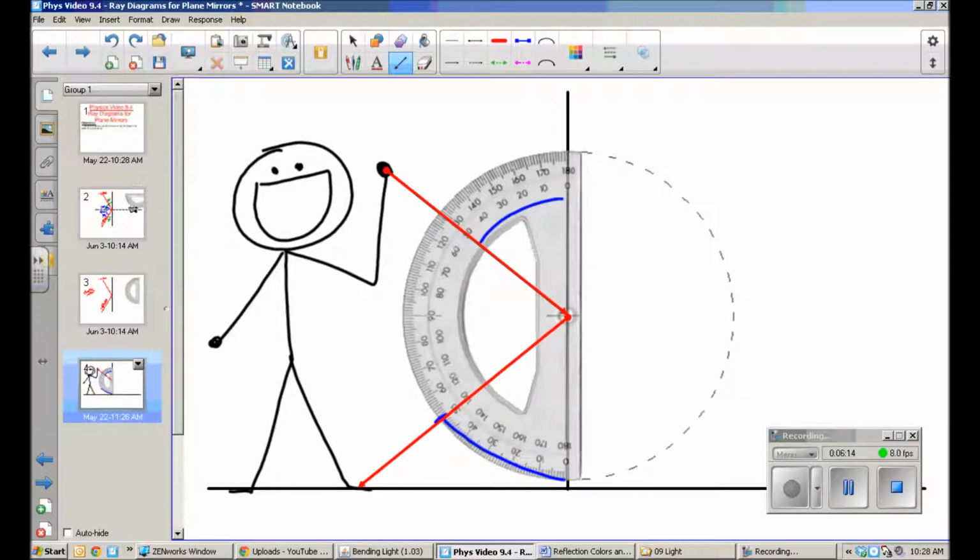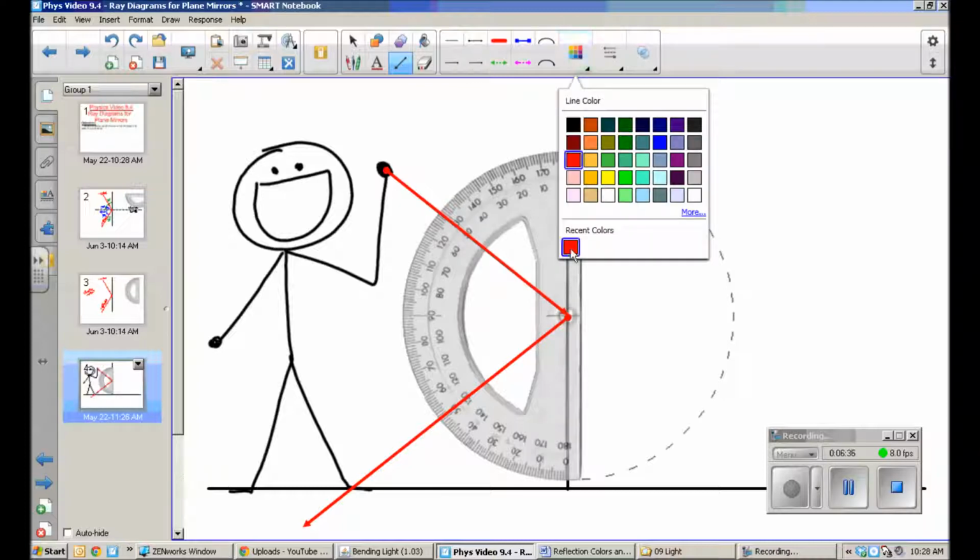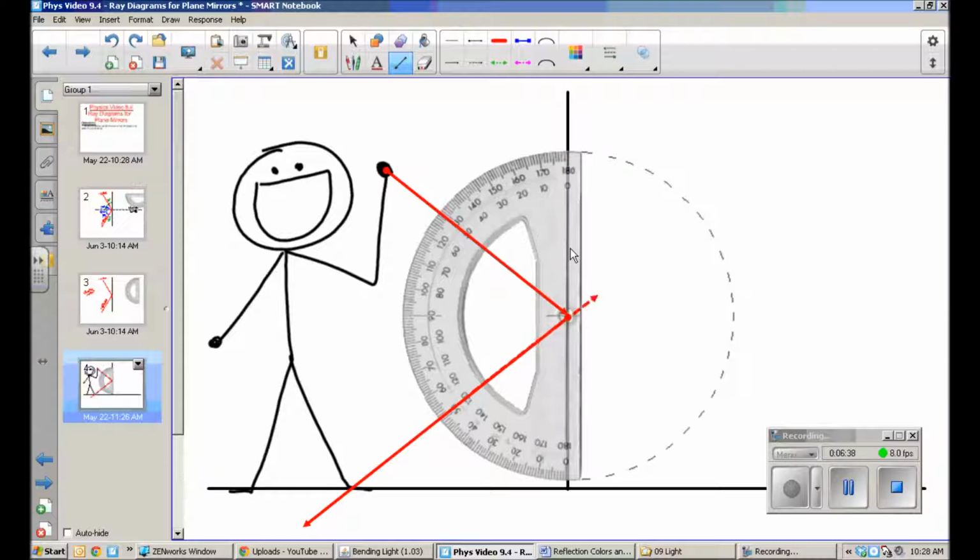Now, what we didn't do in the last video is put in an extension of that beam. Often your image is formed not by the actual light that reflects, but where your eye thinks that light is coming from. So you can use your ruler to make an extension of this reflected beam.